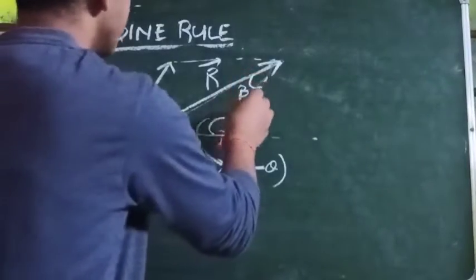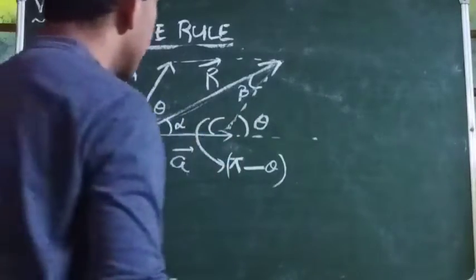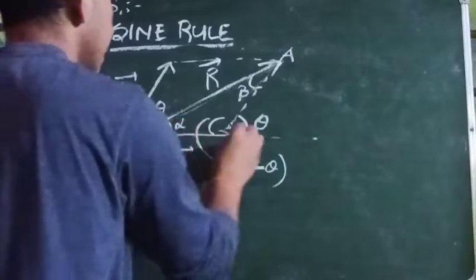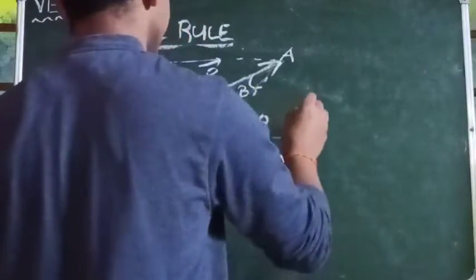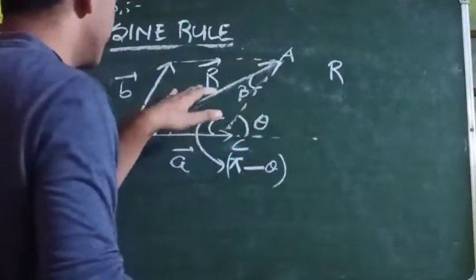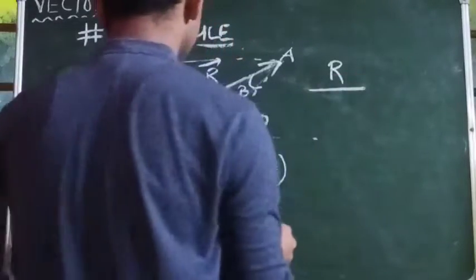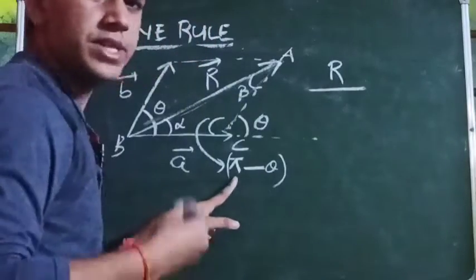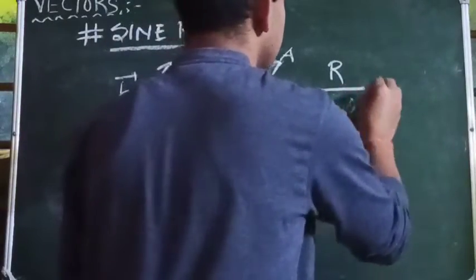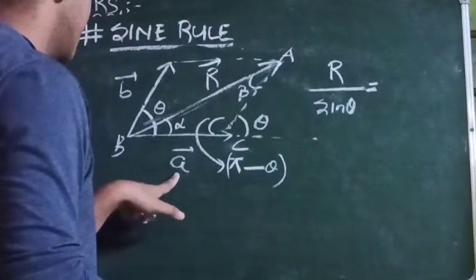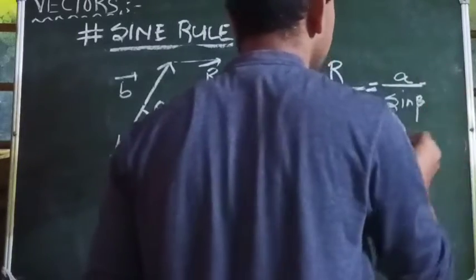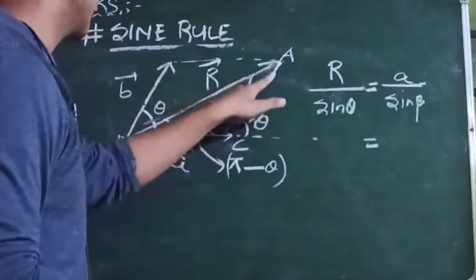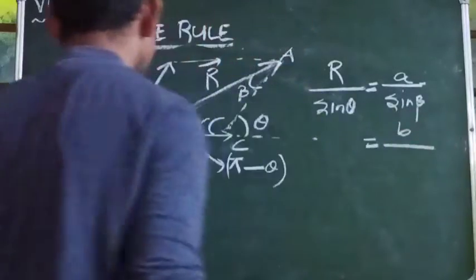By applying sine rule to this triangle, let's name it as A, B and C, we are going to get R upon sine of this angle, where R represents the magnitude of the R vector, which is sine of 180 minus theta, which is basically sine theta, which is equal to A upon sine of beta, which is also equal to B upon sine of alpha.